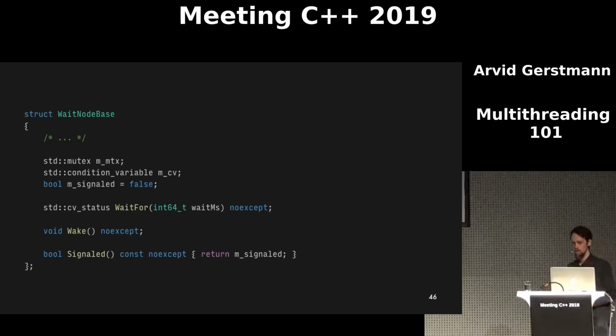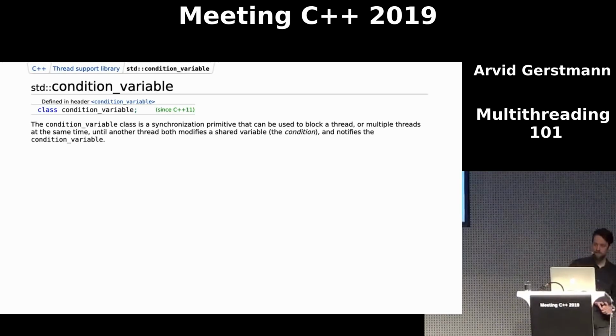So let's have a look what a conditional variable is and how we can actually use it to emulate a futex in standard C++. So this is cppreference. What we have here is the condition variable class is a synchronization primitive that can be used to block a thread or multiple threads at the same time until another thread both modifies the shared variable, the condition, and notifies the condition variable.